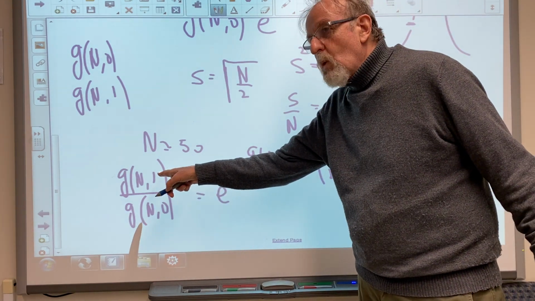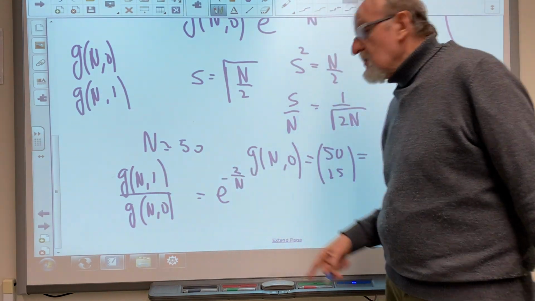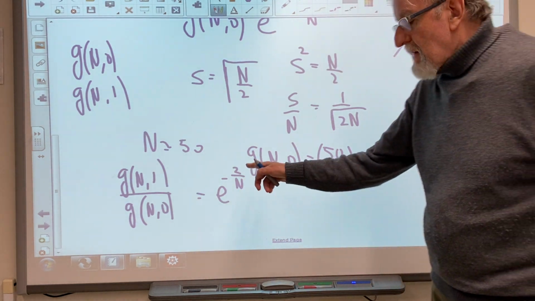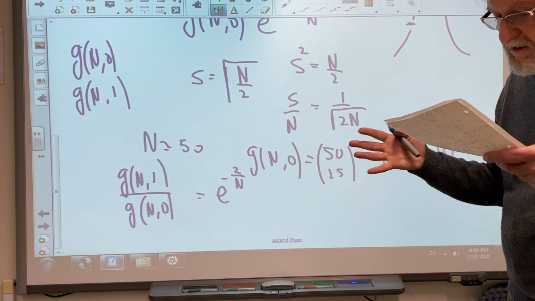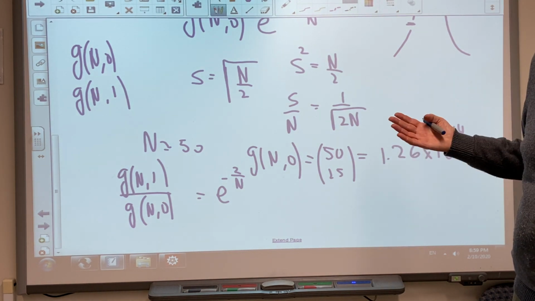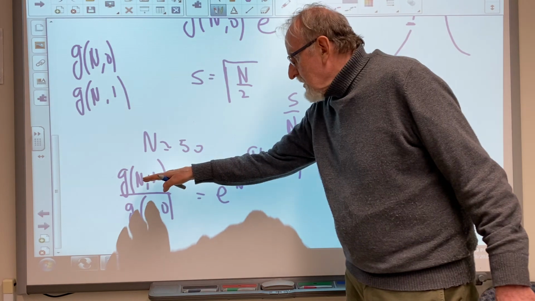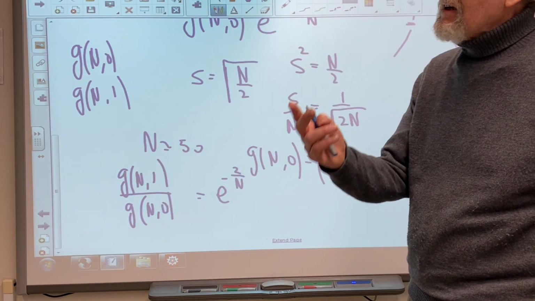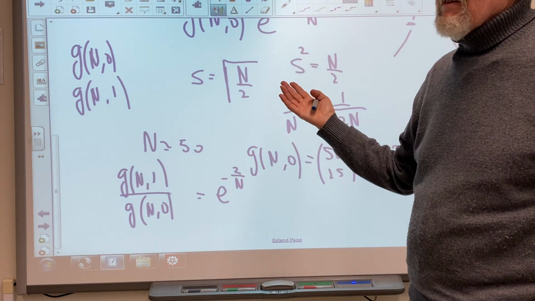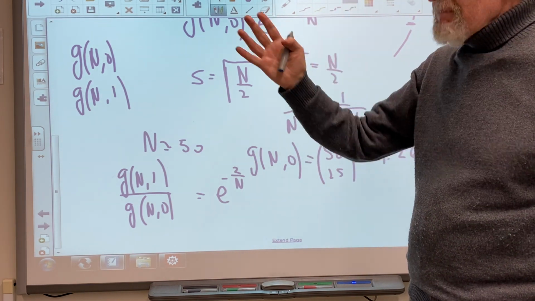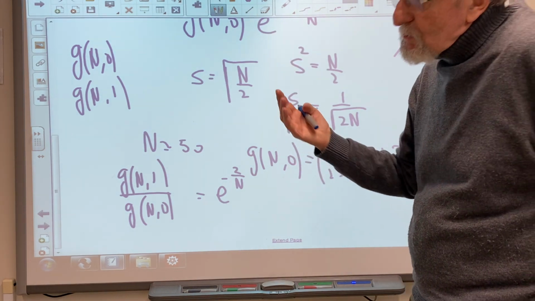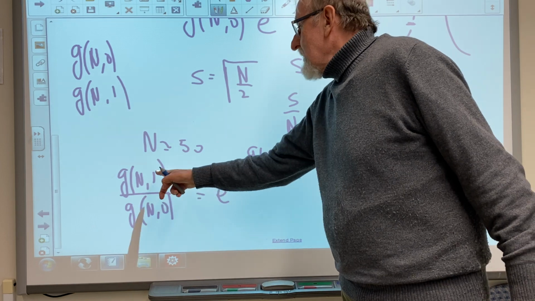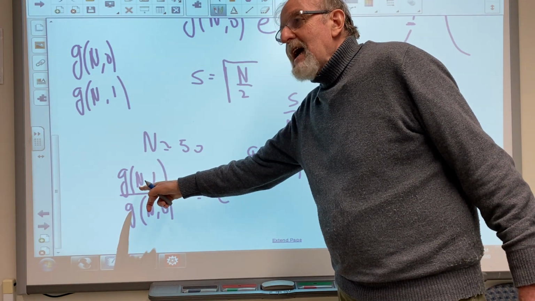If s is 1, you get e to the minus 2 over n, and if n is 50, this is e to the minus 0.04, which is not a very big number. So this number will not be that much smaller than the other. So the chances of having, between 50 spins, the maximum will be 25 on 25. 26 on 24 still gets a reasonable chance. But we are talking about 1 in n.